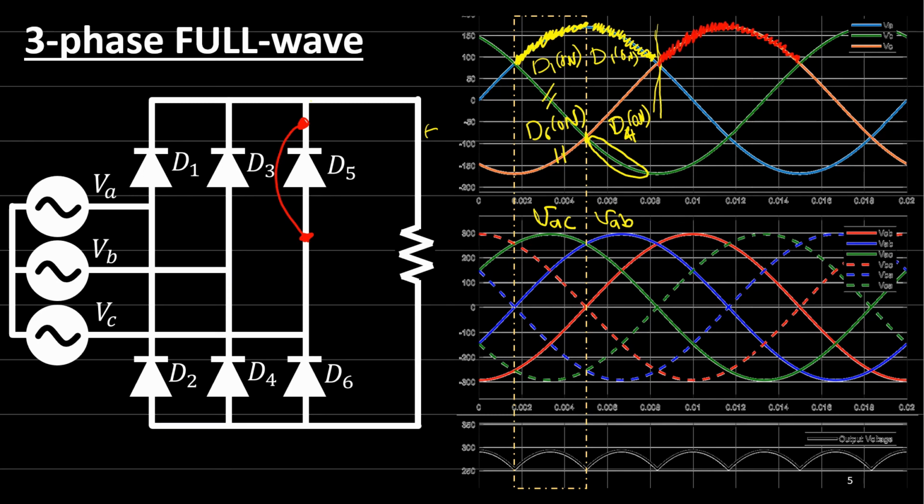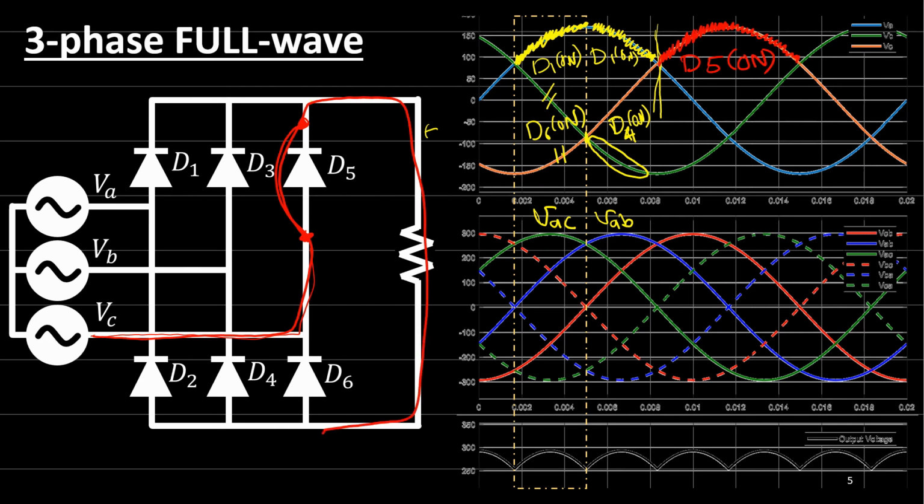So diode 5 is on at this moment. Why? Because VC positive part is connecting to diode 5. So the current is coming through this diode, going to the load and coming back.